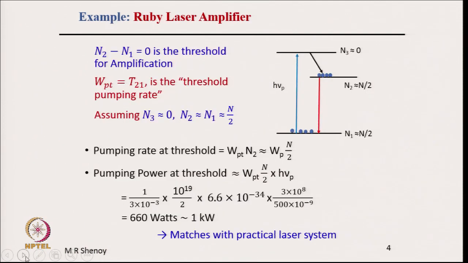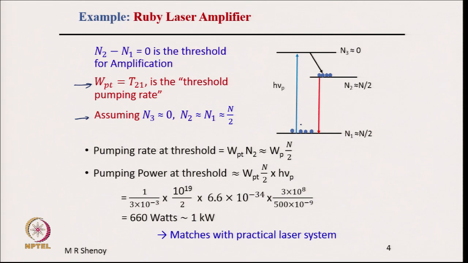N2 minus N1 equal to 0 is the threshold for amplification, that is just before N2 becomes greater than N1, and corresponding to that the pumping rate is WPT, the threshold pumping rate. Assuming N3 is equal to 0, N3 is the upper level.